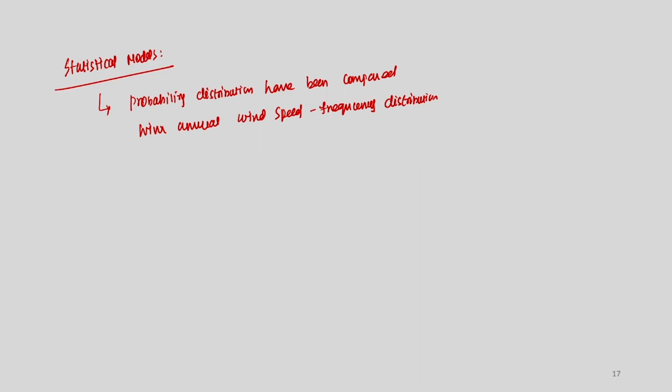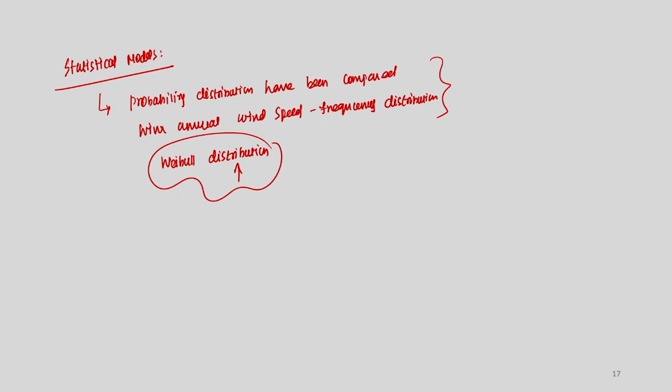Based on this comparison, it looks like the Weibull distribution is giving near accurate results between the experimental measurement and the statistical models.